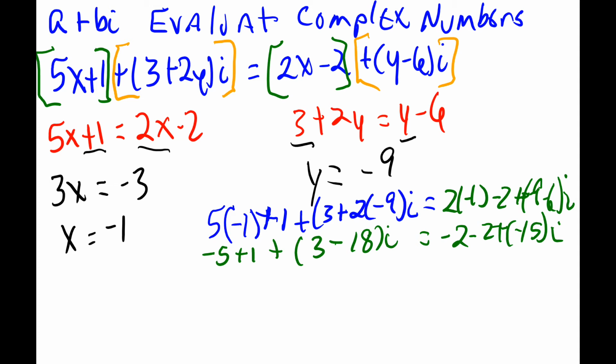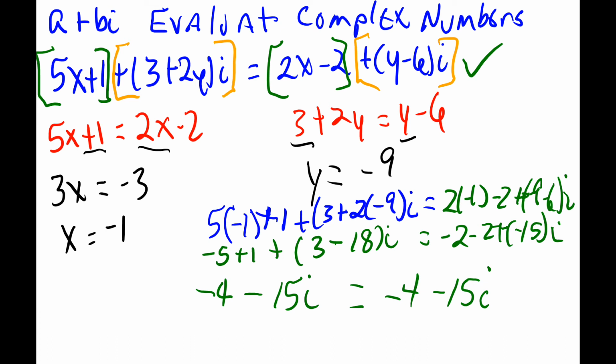Negative 5 plus 1 is negative 4. 3 minus 18 is negative 15. Then I distribute the i, so that's negative 4 minus 15i on the left side. On the right, negative 2 minus 2 is negative 4, and minus 15 times i gives me negative 15i. And so we have proved that in this original equation, when x is negative 1 and y is negative 9, the equation is in fact true. We have evaluated a complex number.